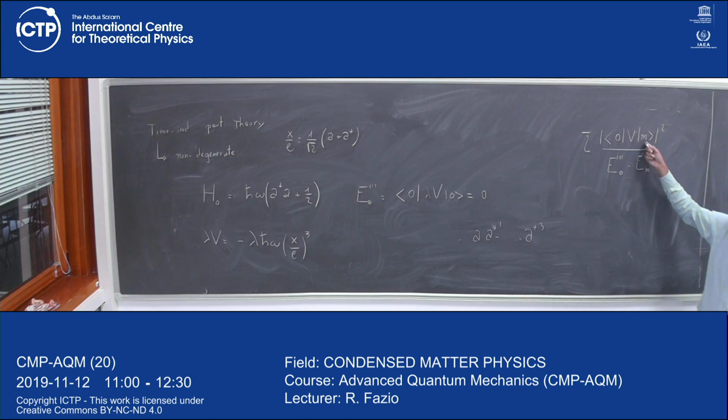So if you put m equal 4, then you get 0 because there is no a dagger to the 4 to connect those states. Yes. Okay? This type of analysis, in this case you would have found it immediately, but it is important so that you understand what you have to do. Otherwise you risk computing many things which are 0.